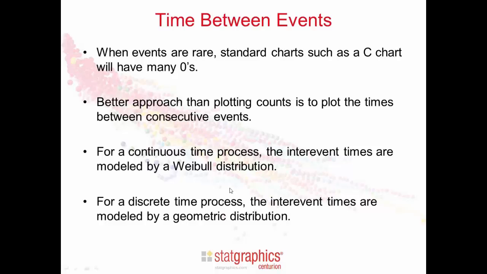On the other hand, if we're recording events only to the nearest day in discrete time, then the inter-event times are likely to be modeled by a geometric distribution. So we can use a control chart based upon the Weibull distribution or the geometric distribution to monitor these rare events.